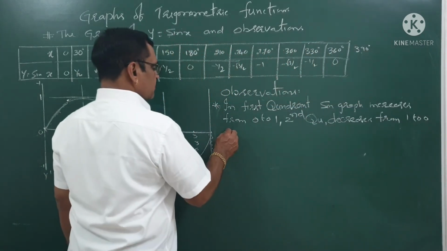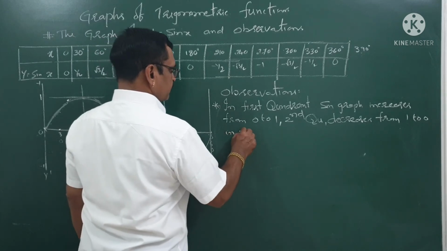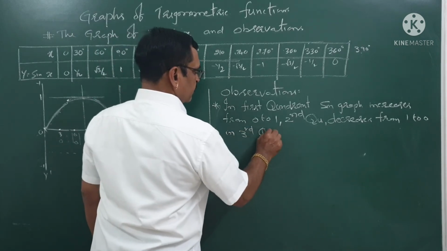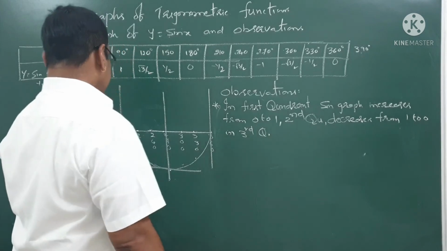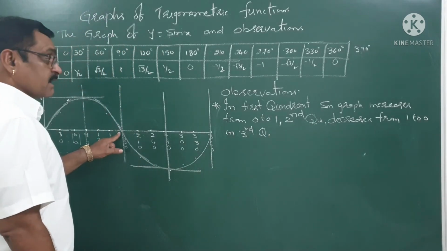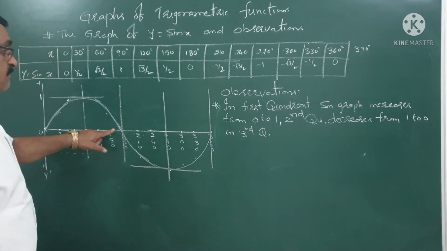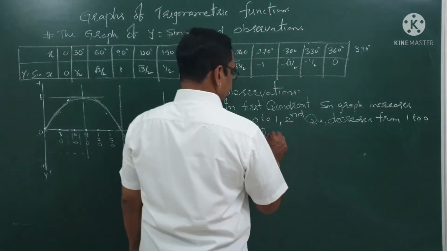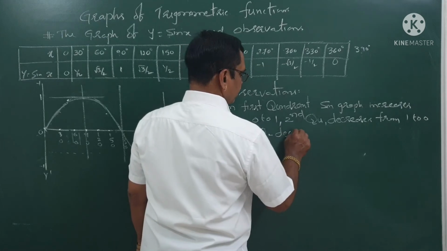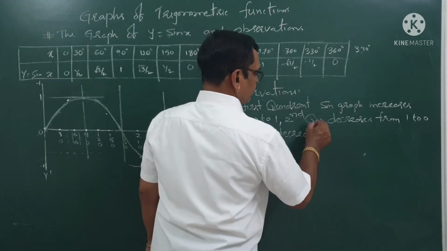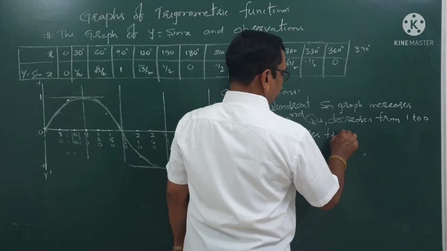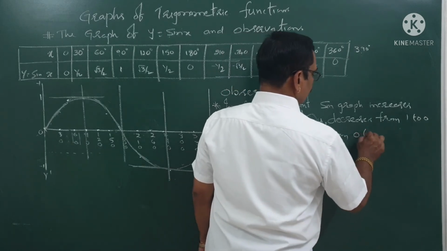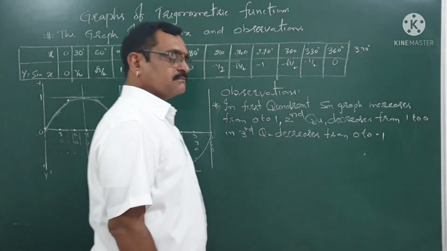In the third quadrant, after reaching 180, it comes down further, decreasing from 0 to minus 1.